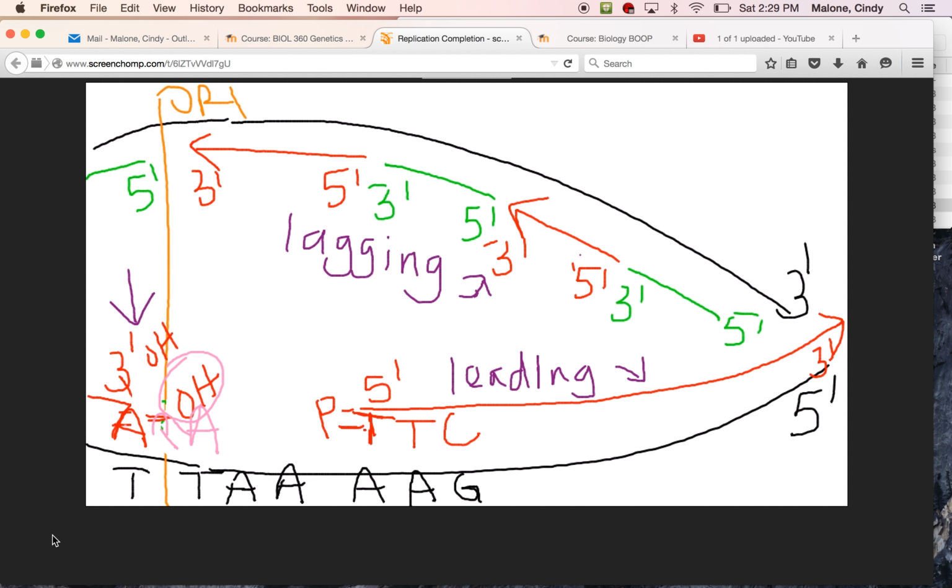Magic happens. You know what kind of magic that is? A condensation reaction. And we get a phosphodiester bond between these. Now this guy's got a juicy 3' OH right there.